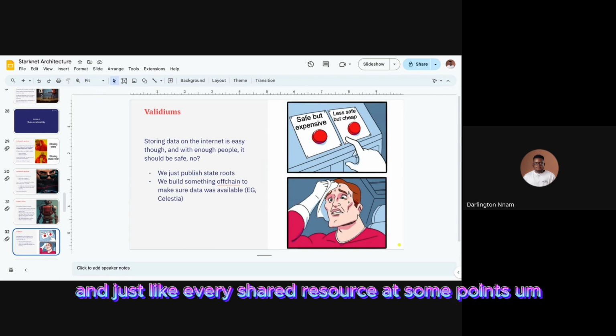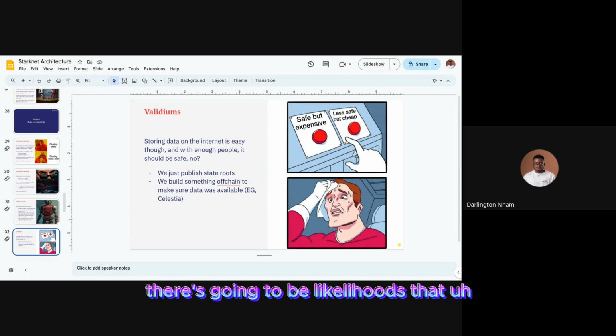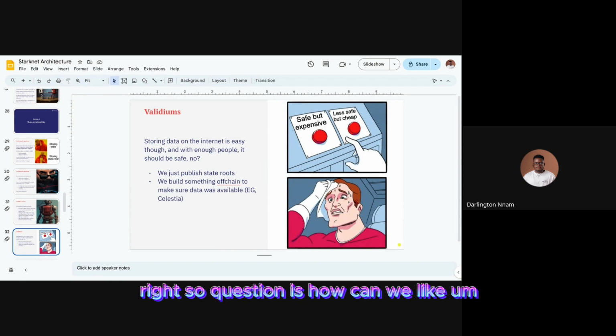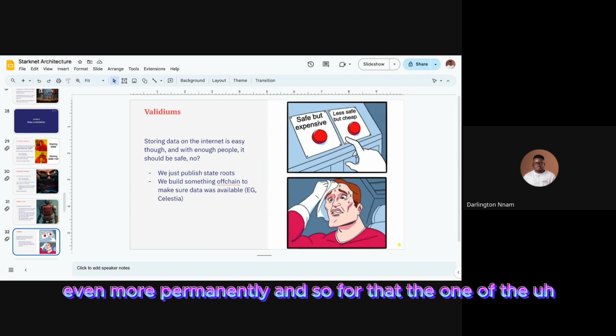Just like every shared resource, at some point there's going to be a likelihood that we have a lot of rollups competing for blob space, and prices of blobs are going to start going up, and things are going to start getting more costly again. So the question is, how can we solve this data availability problem in a more permanent way?